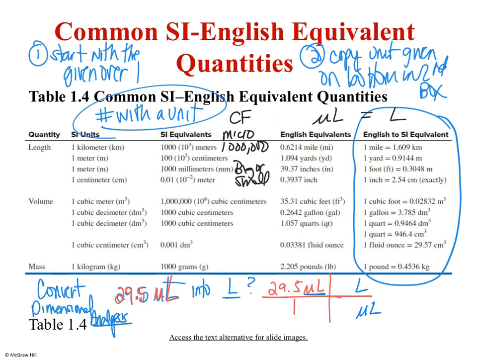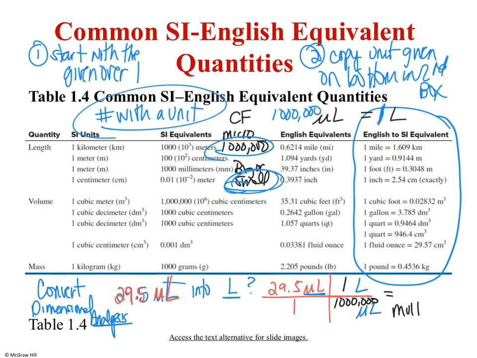Okay, it's smaller. So the big number is going to go with the small unit. So this is your conversion factor. So you have 1 million microliters for 1 liter. And now you can come down here and you can put the 1 million with the micro and 1 with the liter. And now you can get your calculator out.